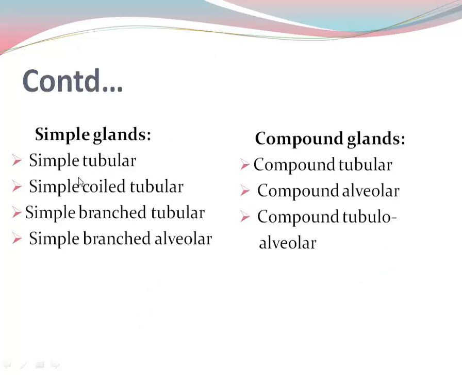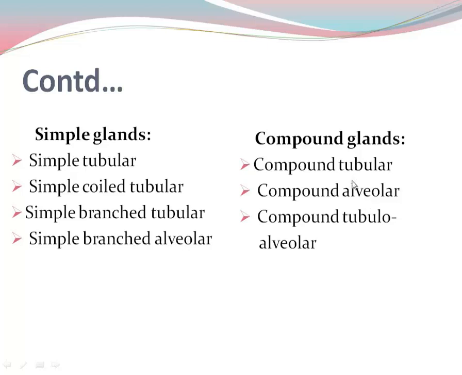So simple and compound glands. They are tubular: simple cuboidal tubular, simple branched tubular, and simple branched alveolar. Now the variation is either a simple straight tubule, or a coiled tubule, that is a spring-like structure, or branched tubular, where a few branches are there, and this is an alveolus with the branch. So simple branched alveolar.